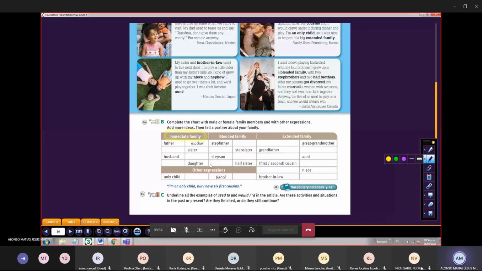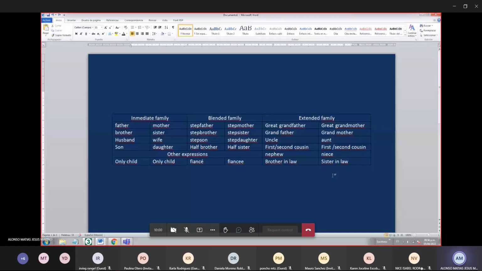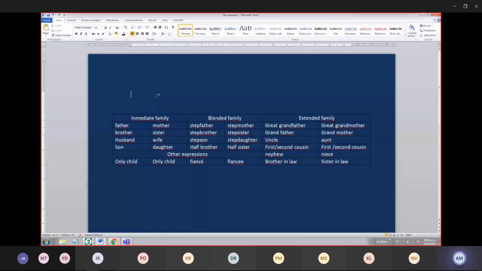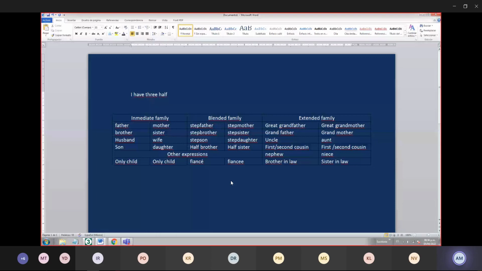So you are going to create a sentence with the information we have just seen. For example, I have brothers and 1.